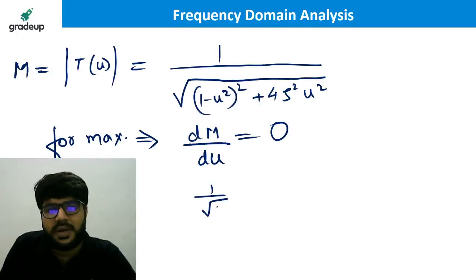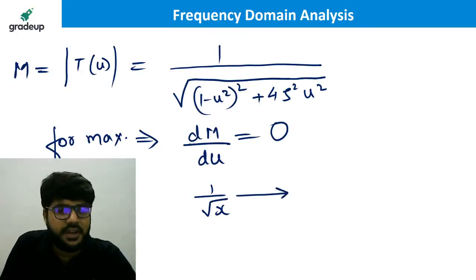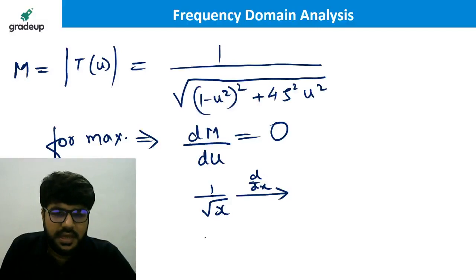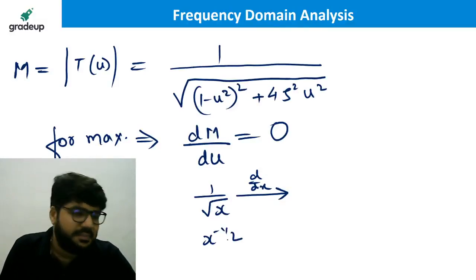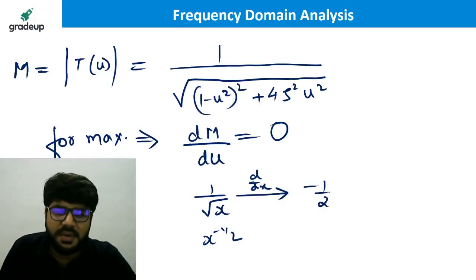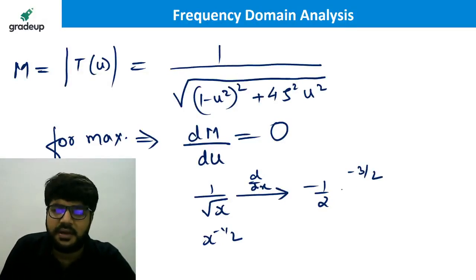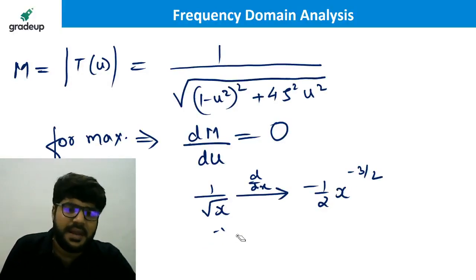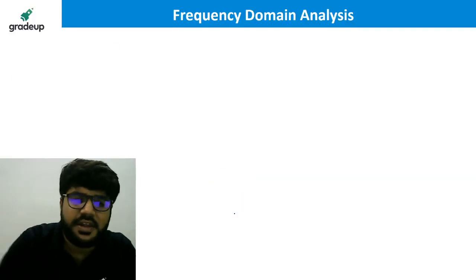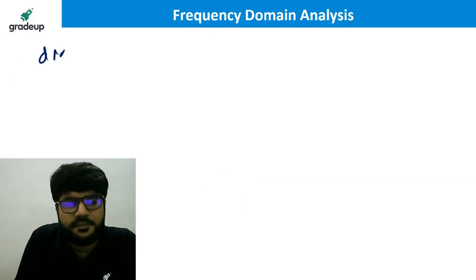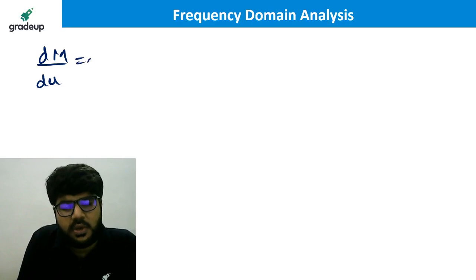So it is 1 upon root x form, and the differentiation of 1 upon root x, that is x power minus half, will be minus half x raised to the power minus 3 by 2, and then apply the chain rule. So I need to solve dM by du equal to 0.